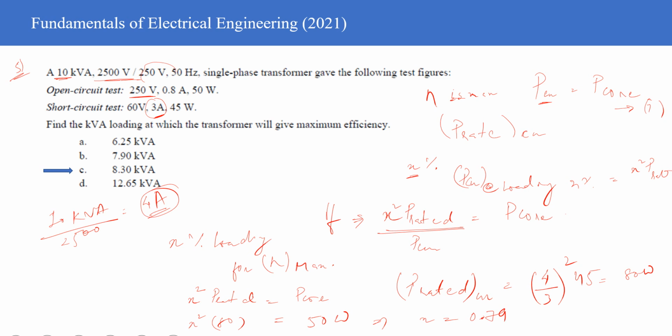So this is slightly mistaken over here. This would be coming as 79, right? So this is wrong over here. This would come out to be 7.9 kVA, right? Because X into 10 kVA is 7.9, not 8.3. So this is kind of wrong. So I'm hoping that this was also clear to you guys. If there is any question, feel free to ask.